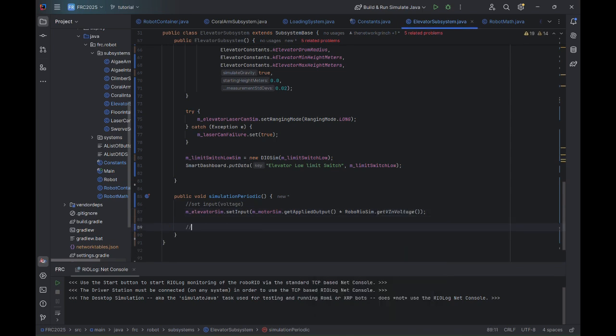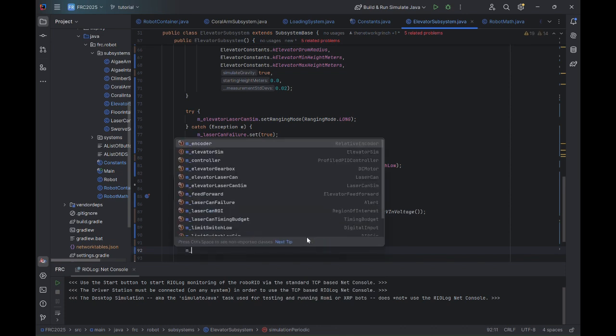And next is update. So it should be every 20 milliseconds. And then we update the motor with the velocity.